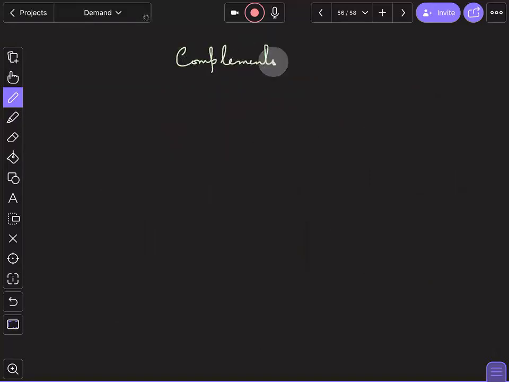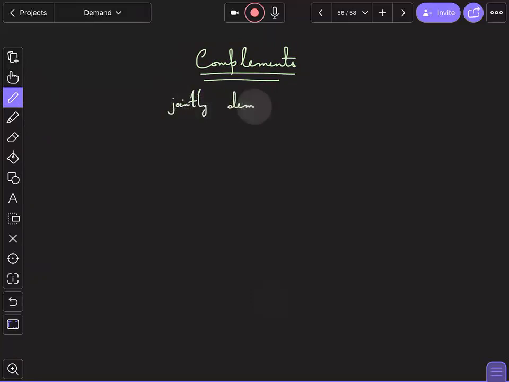What are complements, guys? What are complementary products? Complements are those products that are jointly demanded by the consumers, which means that the consumers will be using them together.